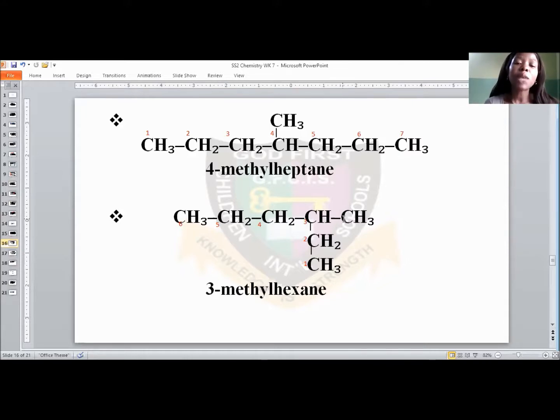Then you count from here 1, 2, 3, 4, 5 also. But notice, longest continuous chain. It might look like a branch, but this is a continuous chain. This here, you see this 1, 2, 3, 4, 5, 6 is the longest continuous chain. So your proper numbering is 1, 2, 3, 4, 5, 6.